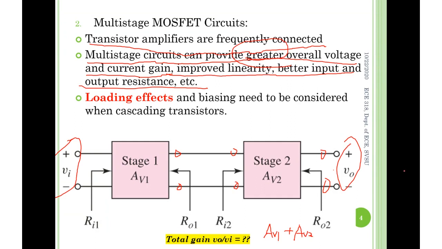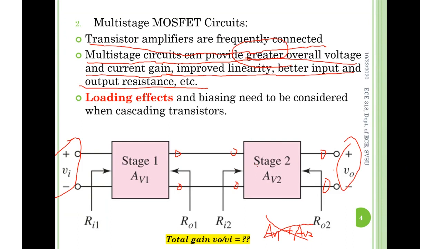Any questions? So listen up, everybody. This is absolutely wrong. AV1 connects to AV2 in such a way that the output of AV1 hooks up to the input of AV2.